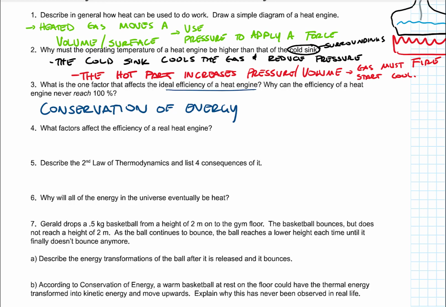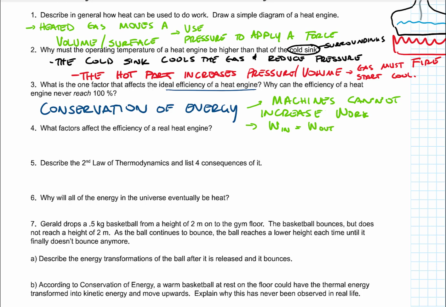So when we're talking about conservation of energy, our big idea here is that machines cannot increase work, right? So they can't make us have more work. In an ideal situation, work in is equal to work out.